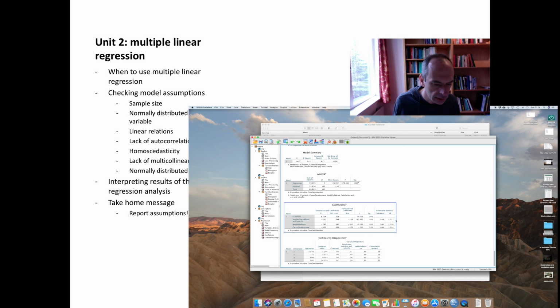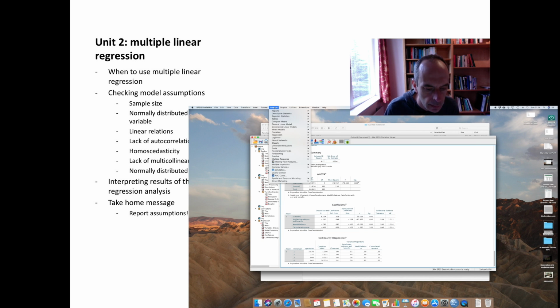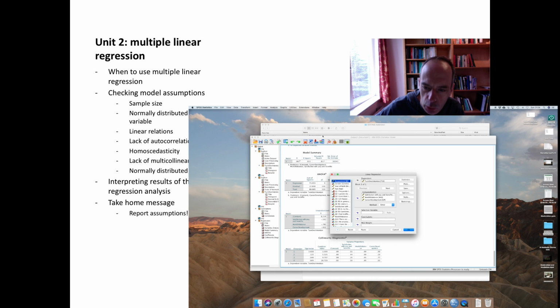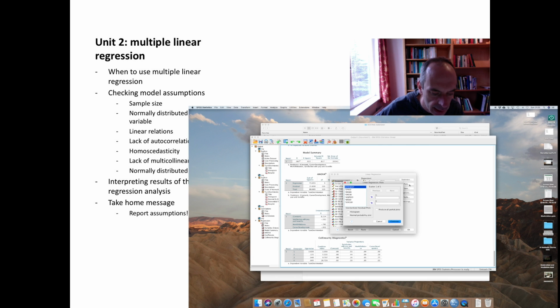Okay, so let's check linearity. We do that in a graphical way. So we can look at a plot with standardized residuals on the y-axis and standardized predicted values on the x-axis. So we do it by Analyze, Regression, and Linear. And we select the appropriate dependent and independent variables.